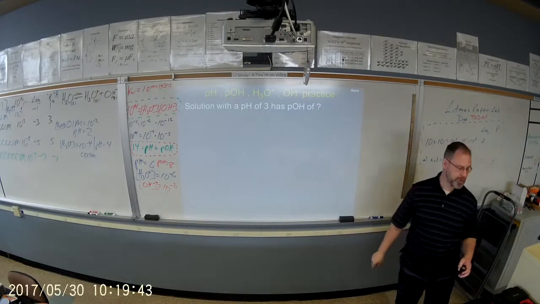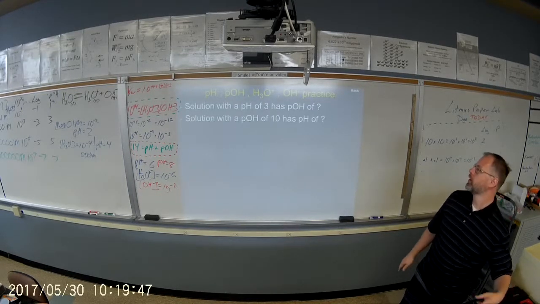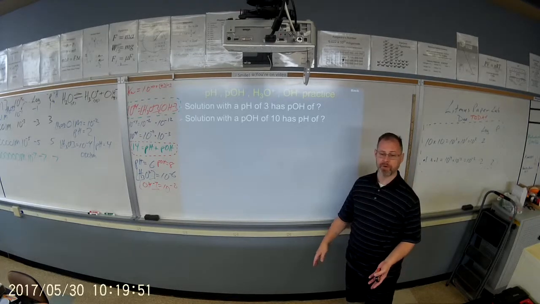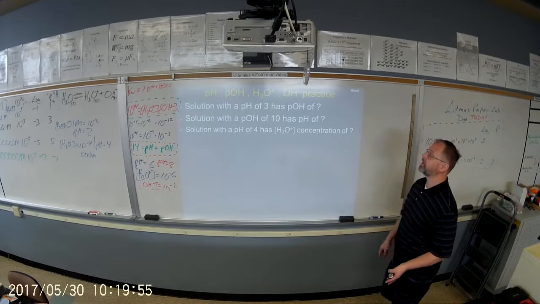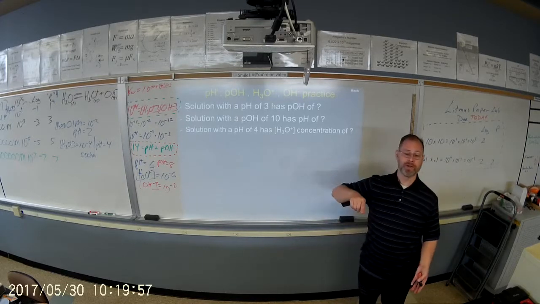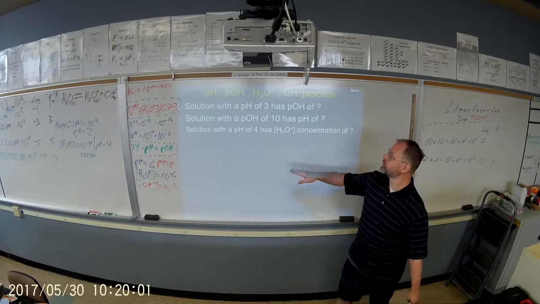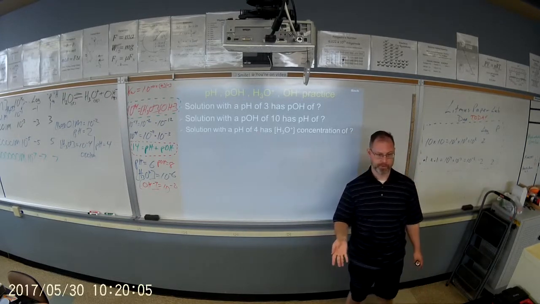A solution with a pH of 3 has a pOH of 11. A solution with a pOH of 10 has a pH of 4. Good. A solution with a pH of 4 has an H3O of 10 to the negative 4. Okay? So if a solution has a pH of 4, the H3O is 10 to the negative 4.